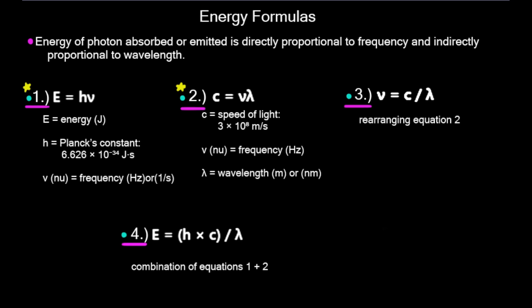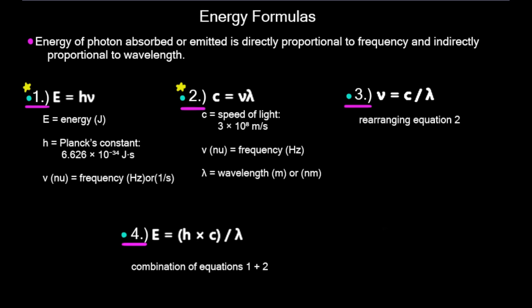Lambda is the wavelength measured in meters or nanometers. If we rearrange this equation, we get the equation listed for number 3, which is nu equals c divided by lambda. This tells us that frequency and wavelength are inversely proportional. A high frequency photon leads to a shorter wavelength, and a low frequency leads to a longer wavelength.